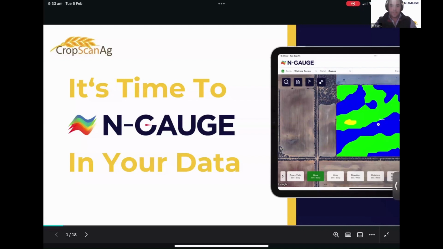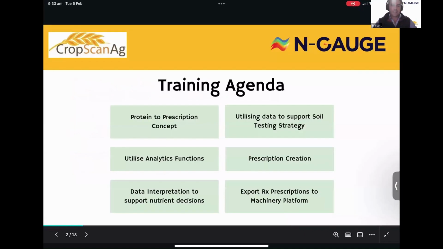On to today's agenda, we want to do a deeper dive into that protein to prescription concept and what other growers are doing as well. Then the use of the analytics functions, which is what we've tried to bring to life in the app, some of the main tools that growers have been utilizing historically with this data.